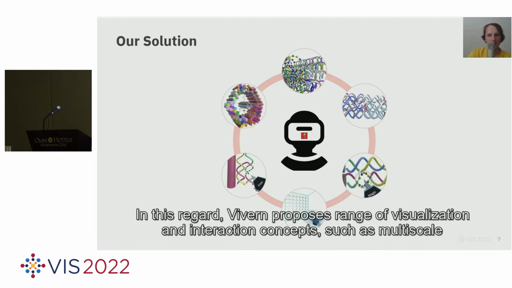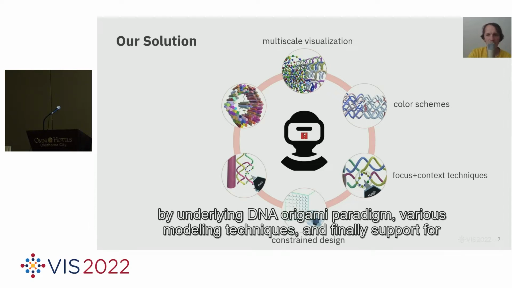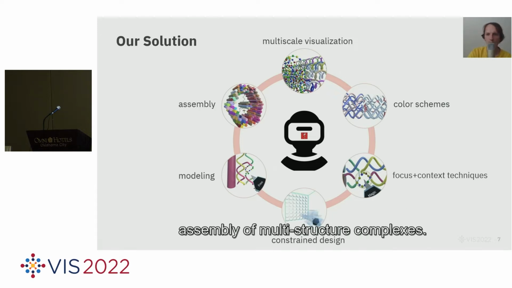In this regard, Vivern proposes a range of visualization and interaction concepts, such as multi-scale visualization, domain-specific color schemes, focus plus context techniques, design rules constrained by underlying DNA origami paradigm, various modeling techniques, and finally, support for assembly of multi-structure complexes.